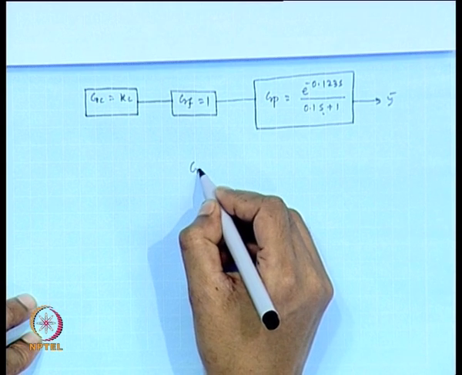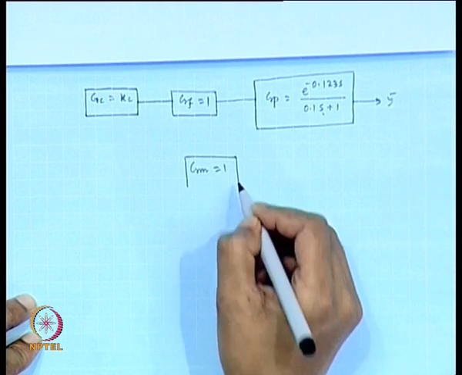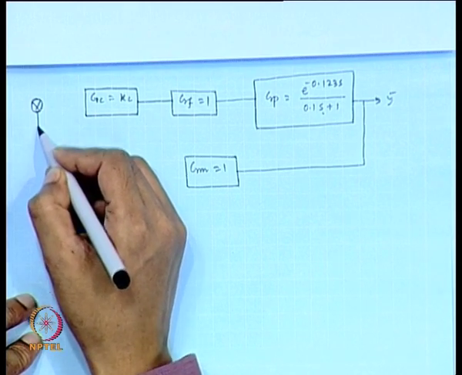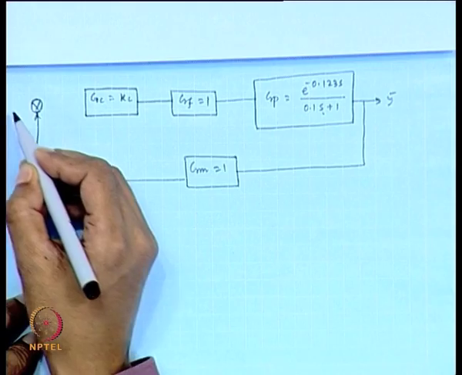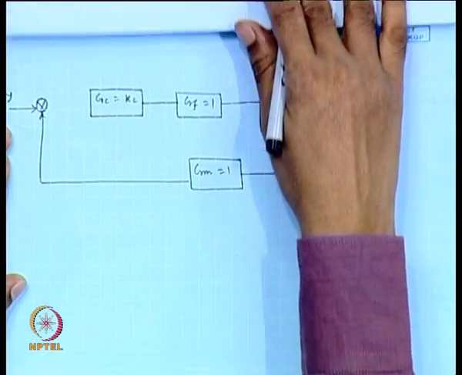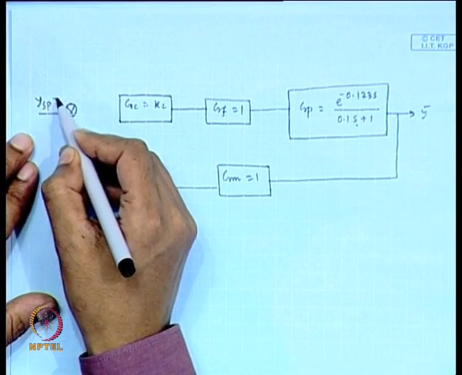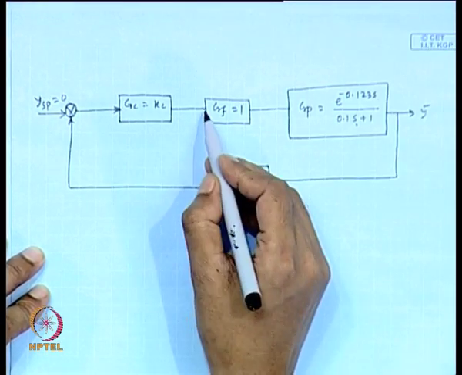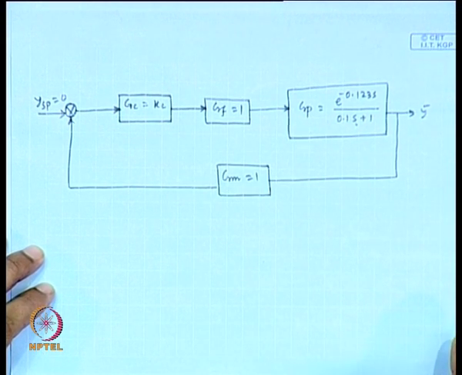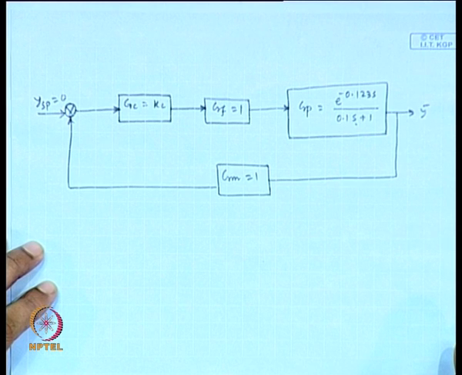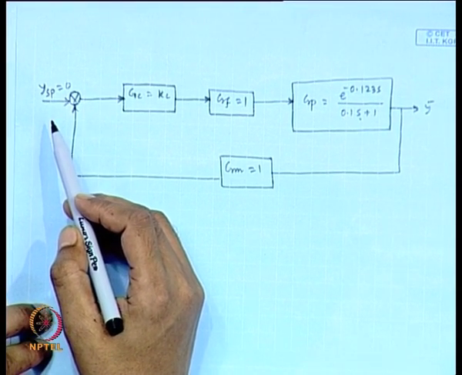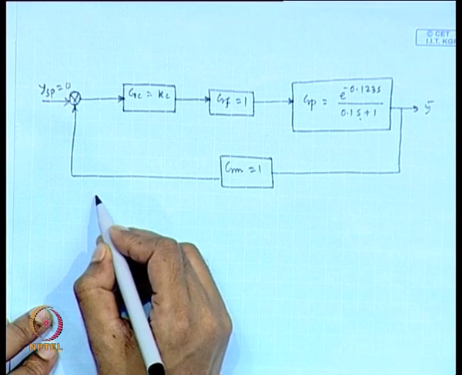Measurement gm equal to 1, comparator, y set point equal to 0. Here we are simply connecting the measurement signal with this comparator. So, this is the closed loop system. Here we are considering no set point change and we are closing this.